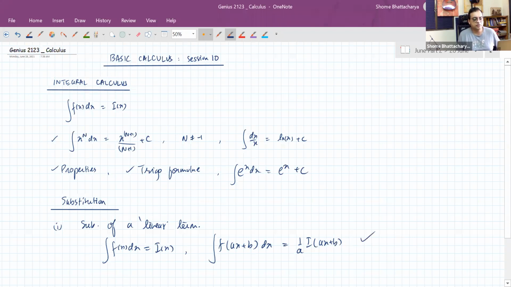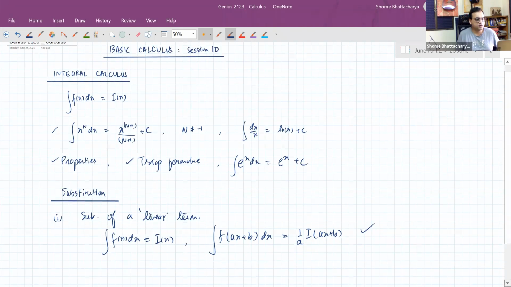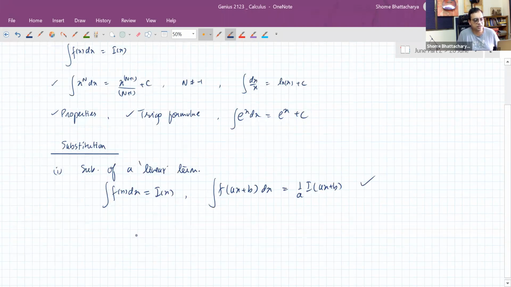So this came by substituting that linear term as something different, as some substituted variable or a dummy variable. So this is an example of that only, e raised power minus x.